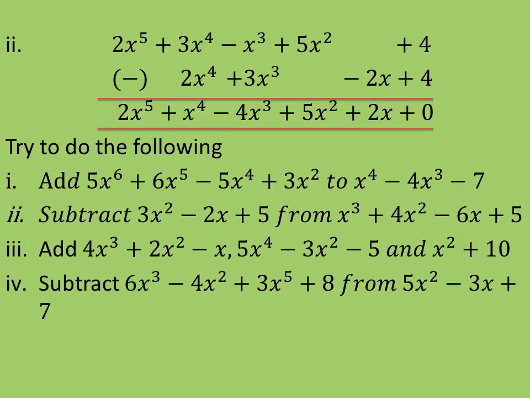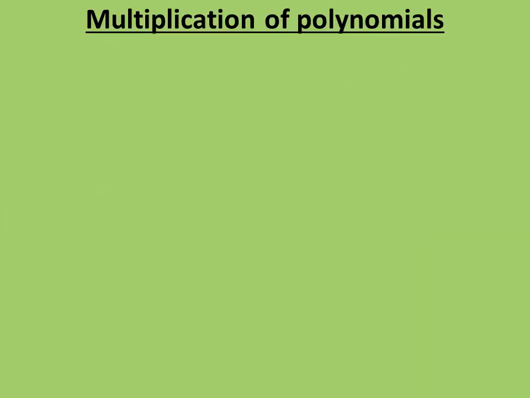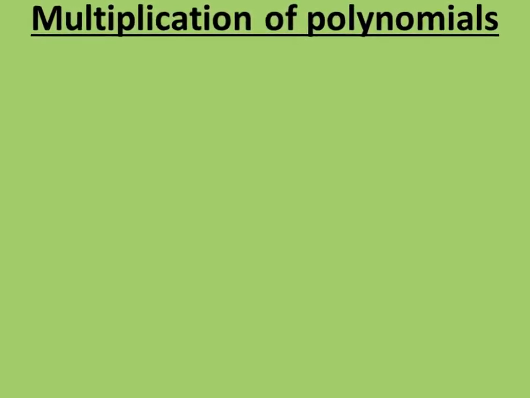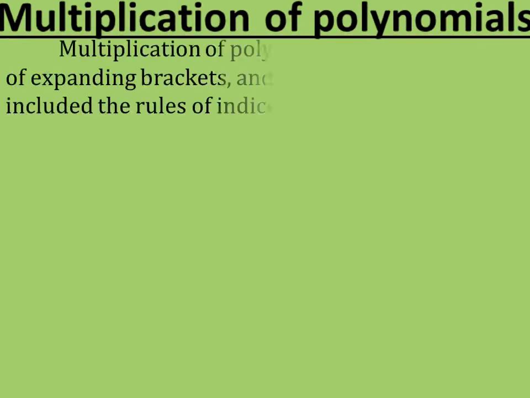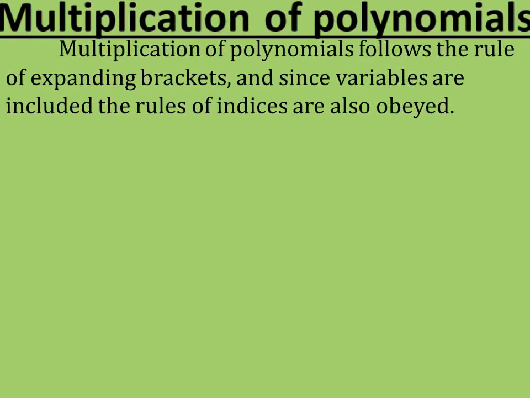So let's look at how to multiply polynomials, that is multiplication of polynomials. Multiplication of polynomials follows the rule of expanding brackets, and since variables are included, the rules of indices are also obeyed.